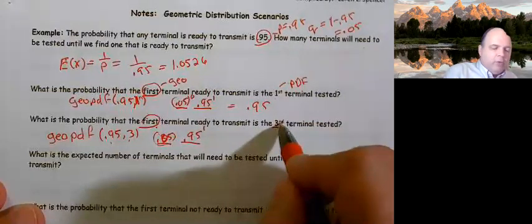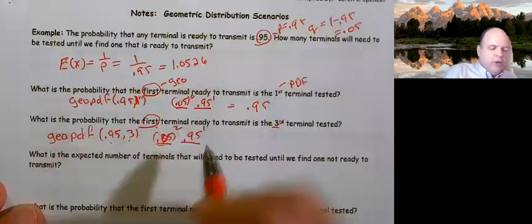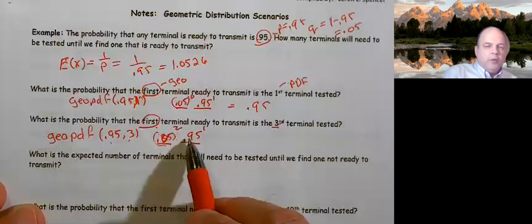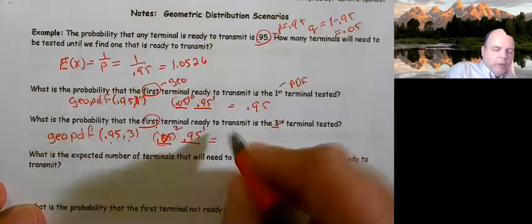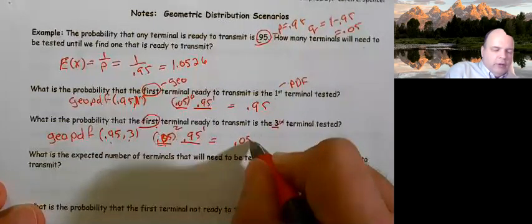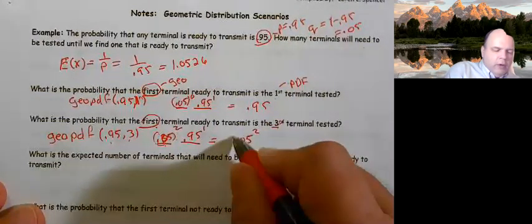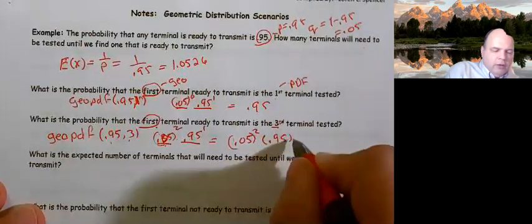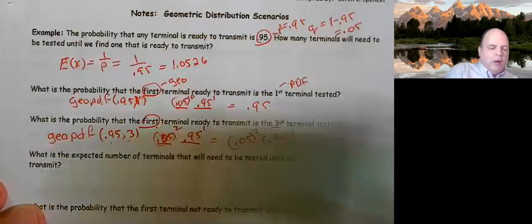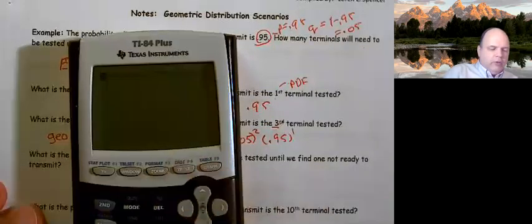So 3 minus 1 is 2. So 0.05 squared times 0.95 to the first. I'll rewrite that. 0.05 squared times 0.95 to the first. Second vars, geometric PDF, 0.95.